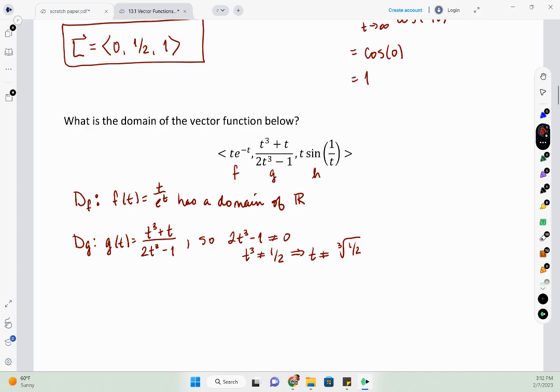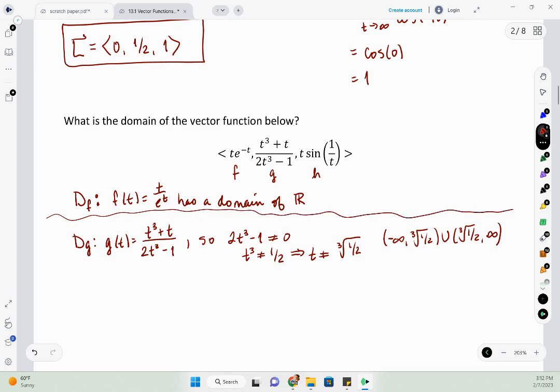All right, so the overall domain we would say here is from negative infinity to the cube root of 1/2 union with the cube root of 1/2 all the way up to infinity. That would work for the domain of g. So I'm going to separate these a little bit so we don't mix work up.